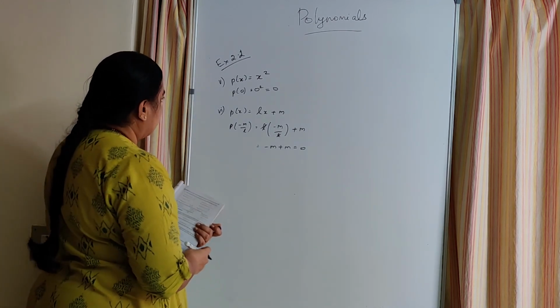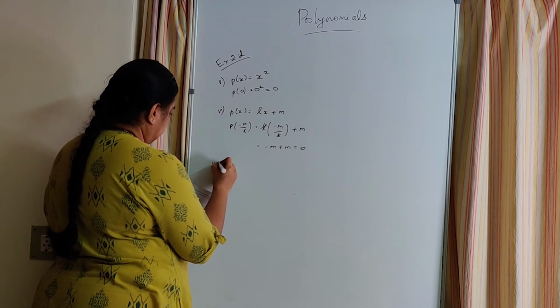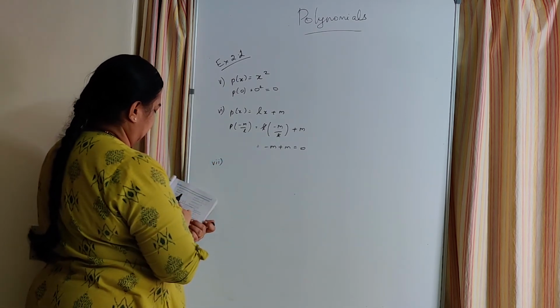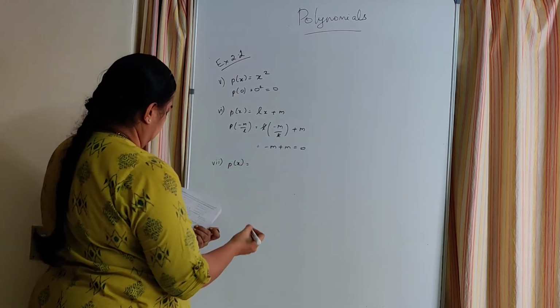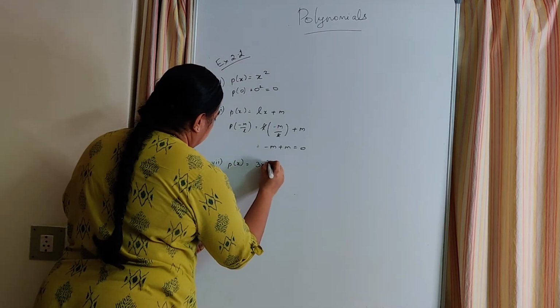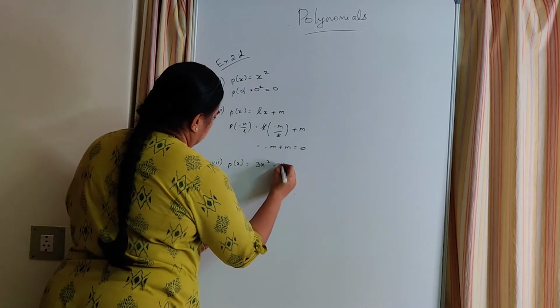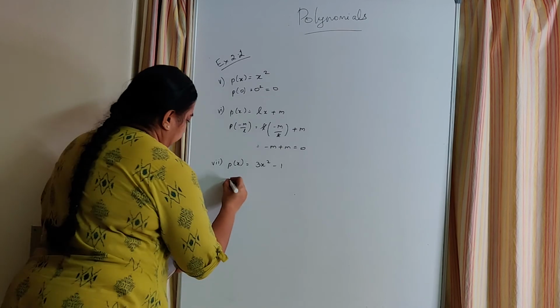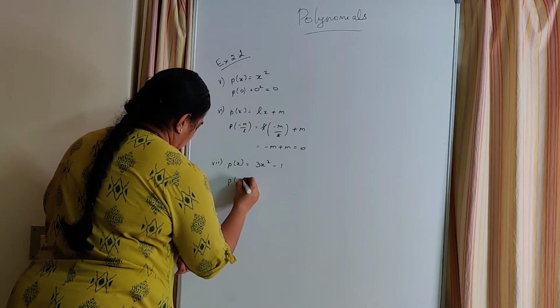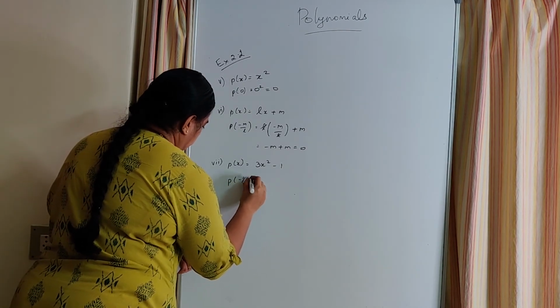Then the next sum, P of x is equal to 3x square minus 1 and in that I have to substitute two values, P of minus 1 by square root of 3.